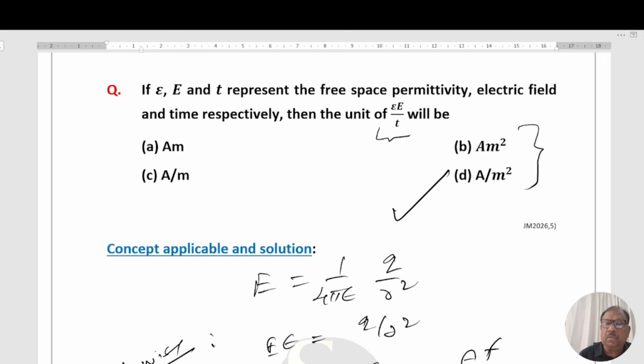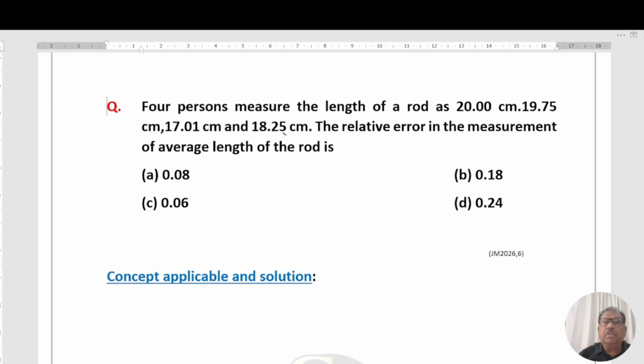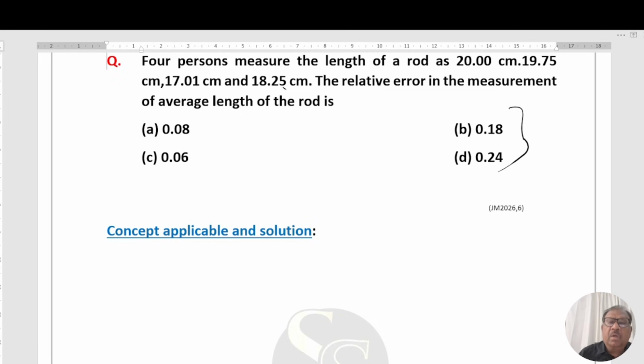Next question. 4 persons measure the length of a road as 20 centimeter, 19.5 centimeter, 17.01 centimeter, 18.25 centimeter. The relative error in the measurement for the average length of the road is. Four options are given. What is the formula of relative error?